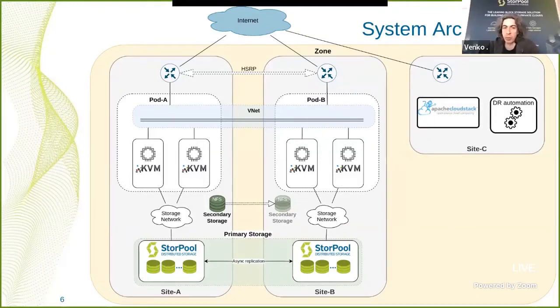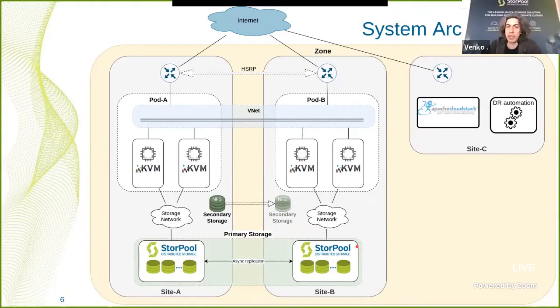It's usually called the protected site. Then a second site, site B on this diagram, the recovery site, where the workload can be switched to in case of failure of the main site.